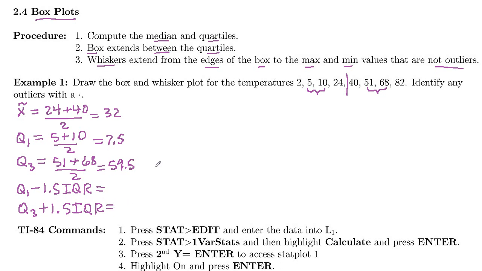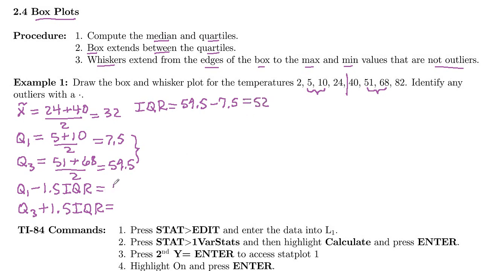So those are the cutoffs for outliers, at least potential outliers. And then your IQR is going to be the difference between the quartiles. I'll go ahead and write that up here. So IQR is equal to 59.5 minus 7.5, which is 52.